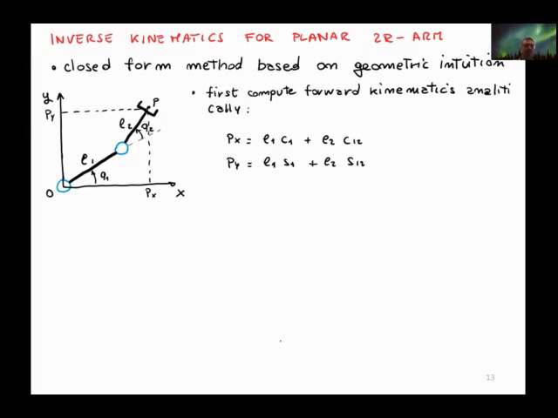And in this case, following the procedure that we described before, we compute the x component of the end effector position, multiplying the link length times the cosine of the first angle. So this vector plus the other part, that is the length of the second link times the cosine of the sum of the first and the second angle, and the same for the y component.